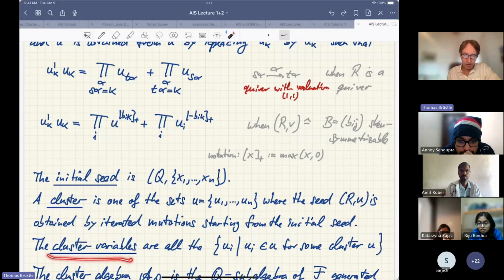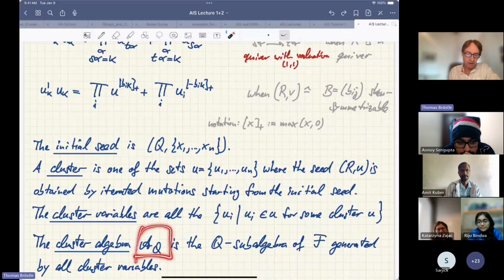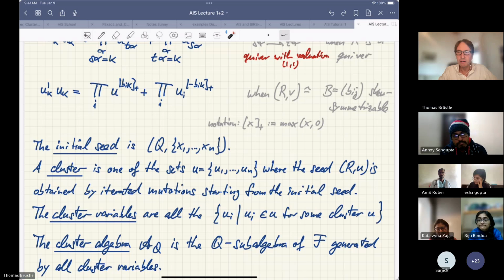The cluster variables are all those new variables that we obtain by mutating, starting from the initial ones. And finally, the cluster algebra is denoted A(Q), and it's the subalgebra of this field which is generated by all the cluster variables, by all those ui's. Okay, so this is kind of a lot. I would like to illustrate this by some examples.